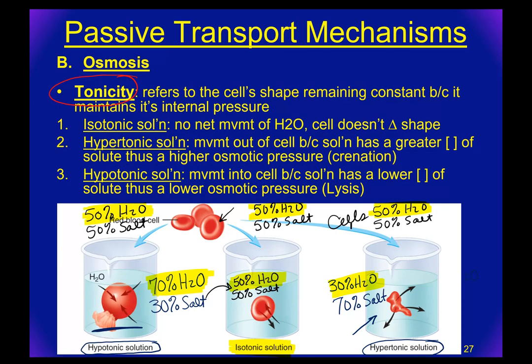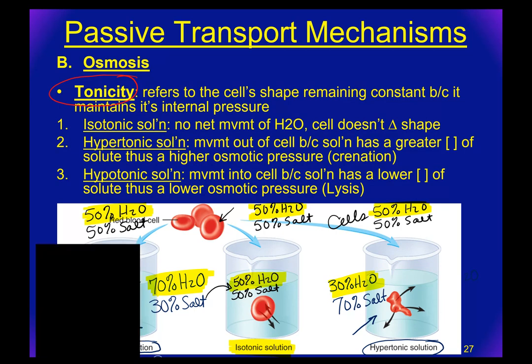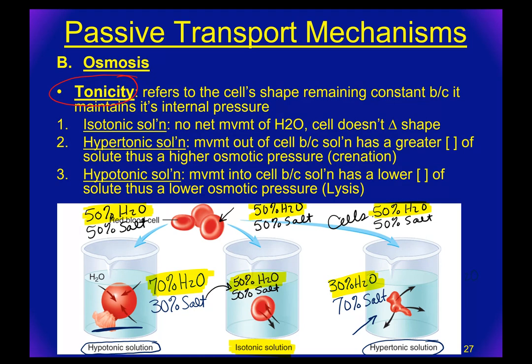So the water is going to move from my cells into the beaker, because this is the beaker concentration. So literally, the water starts leaving my cell, and my cell starts to shrivel up like a raisin. That balance that we count on for tonicity is not there. This can also kill your cells.